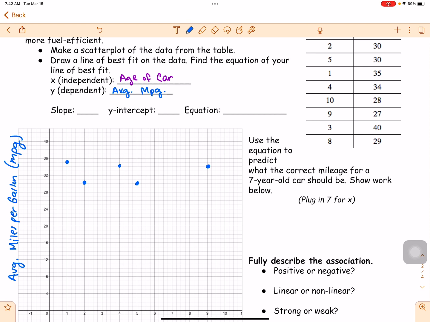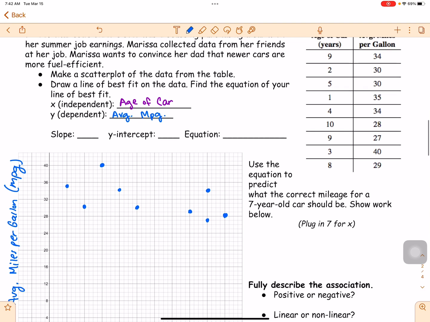A 10-year-old car that gets 28. 9-year-old car that gets 27. A 3-year-old car that gets 40. And an 8-year-old car that gets 29.